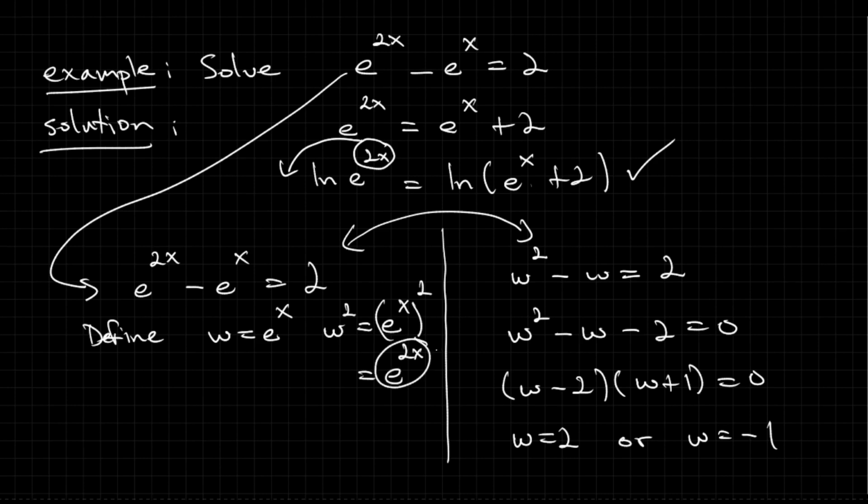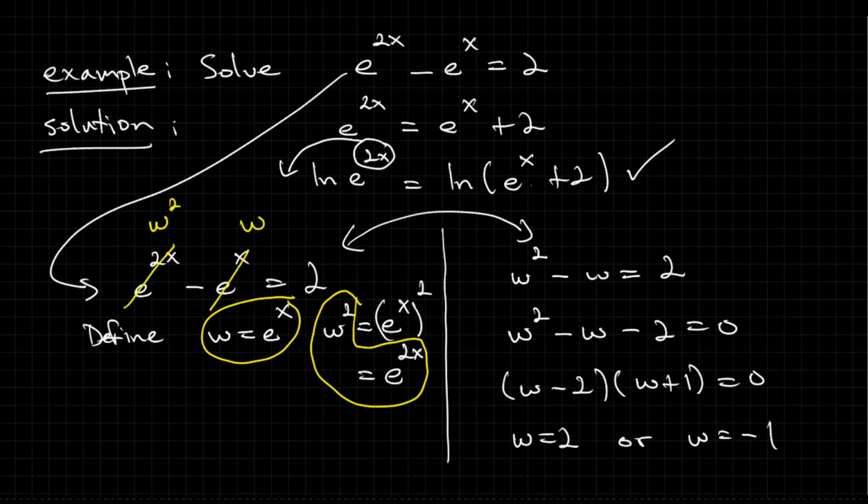And here we're just using properties of exponentials. So w squared is e to the 2x, and w is e to the x. So I can put w here and w squared here. And the result would be that w squared minus w equals 2.